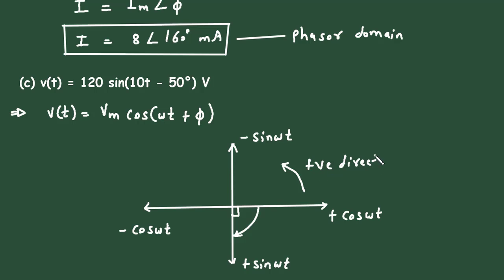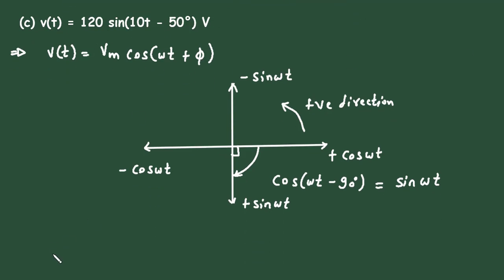Positive direction means this angle will be negative. So it will be cos(ωt − 90°), which is equal to sin ωt. This is the simplest way you can remember this formula.